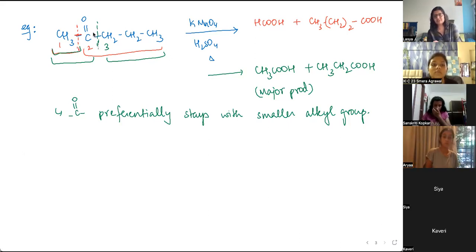So the preference is usually leaning towards C double bond O staying with CH3. So this side of the chain gets oxidized because of the strong oxidizing agent. C double bond O is retained with CH3. So that's what it leans towards. But again, this is a violent, fast reaction, so it's difficult to predict or control where the bond is going to break.